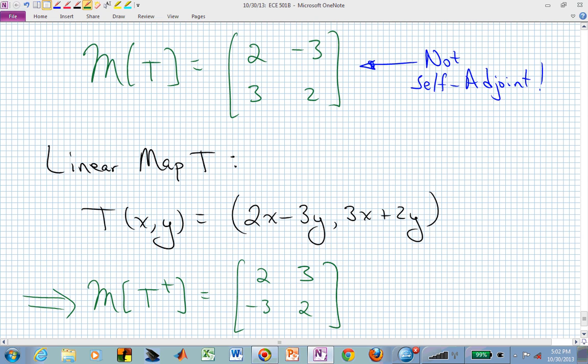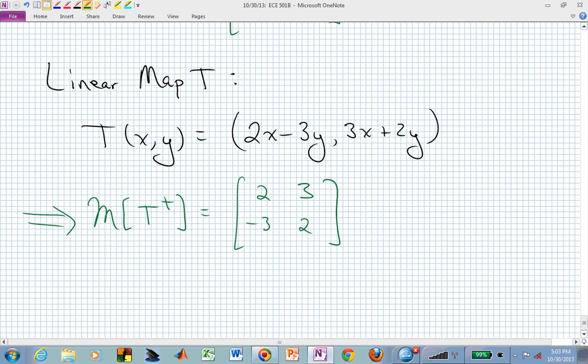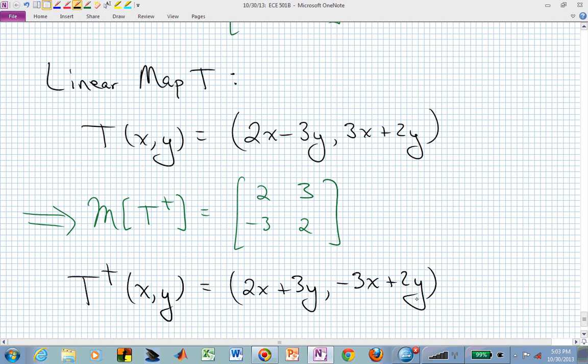And I guess I could say, what's T dagger for completeness? And now you can sort of start maybe looking at these linear maps and saying, are they adjoints?